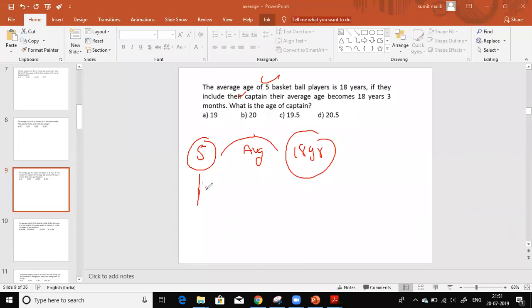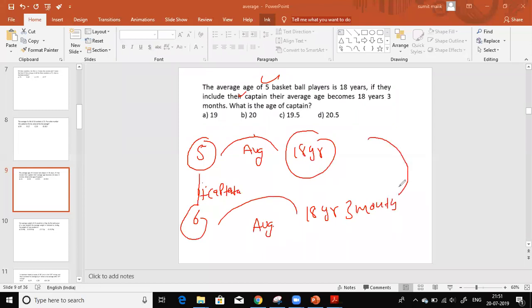If I include their captain, they become 6, and now the average becomes 18 year 3 month. You tell me how much the average has increased? My average is increased by 3 months, because earlier it was 18 year, now it became 18 year 3 months.